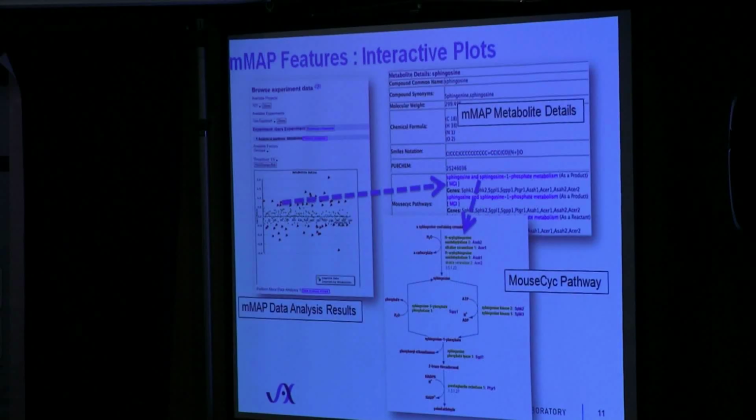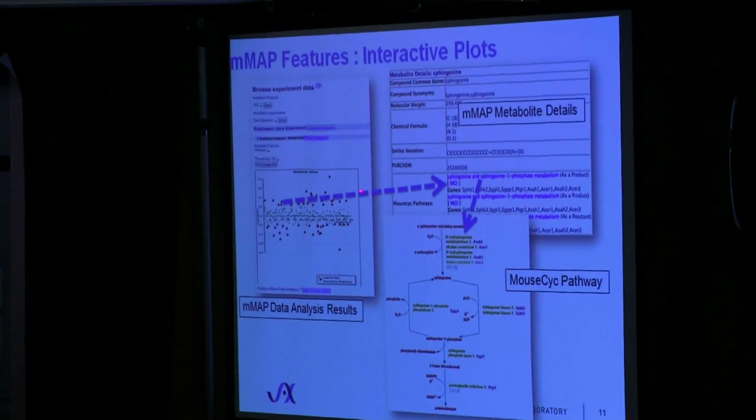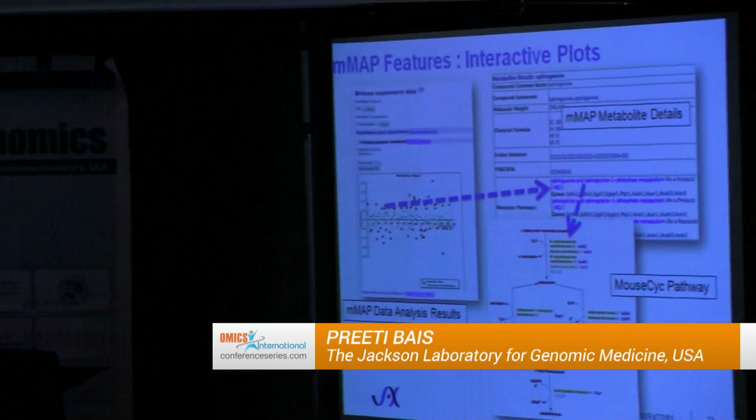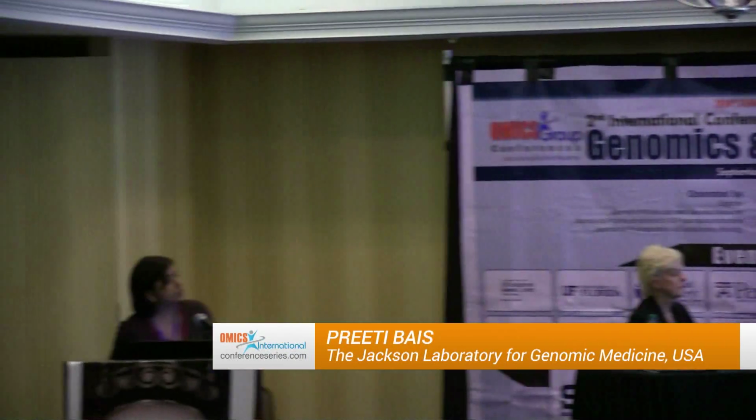Okay? And then interactive plots. I'm showing an example of a plot here, and the user just used genotype and gave a threshold, which is also menu driven, and then it tells you what the interesting metabolites are at that threshold.